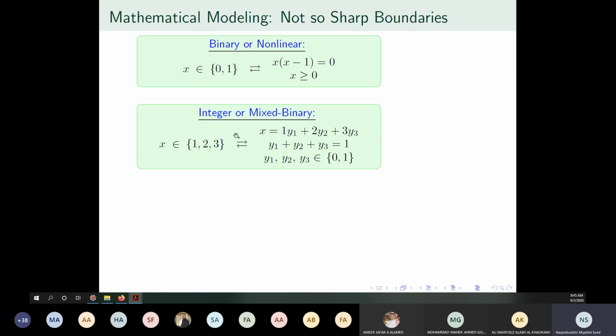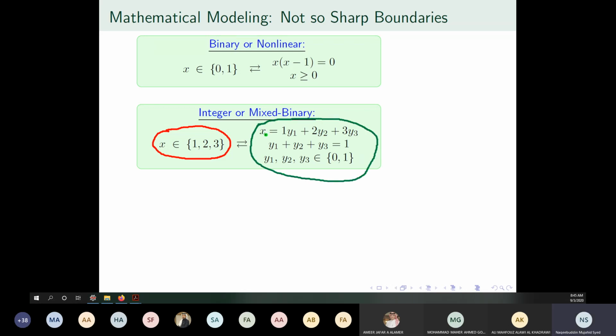Again, this is also something very important to remember. Sometimes you have an integer variable, and that integer variable can be converted to binary variables. For example, here you have on the left hand side an integer variable, which is x, that can take the values 1, 2, and 3. But on the right hand side, you have a group of constraints.